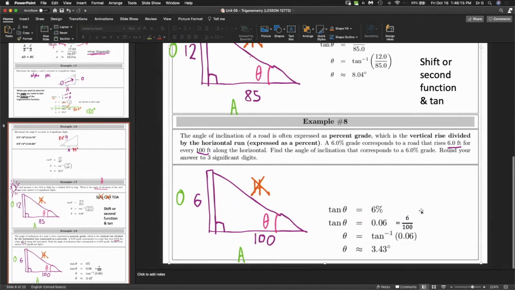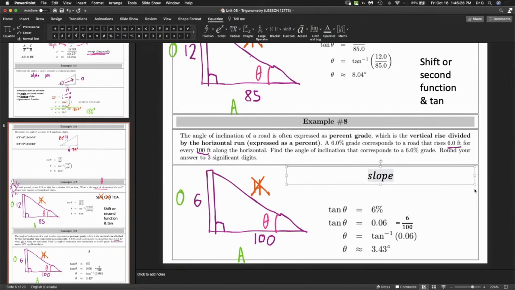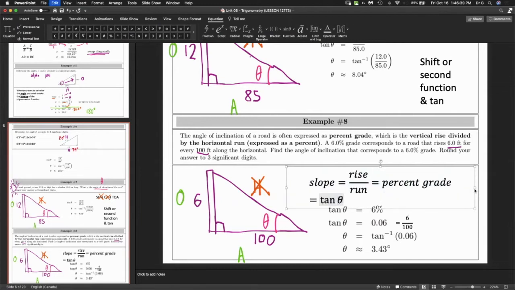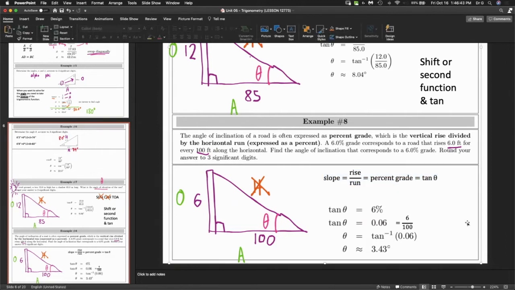The reason I didn't do that is because there's a formula that I want to present to you, which is really cool. I'm sure you've seen it back in ancient times. Slope equals rise over run, which equals percent grade, which equals tan of theta. Every single thing that I wrote there is equivalent.